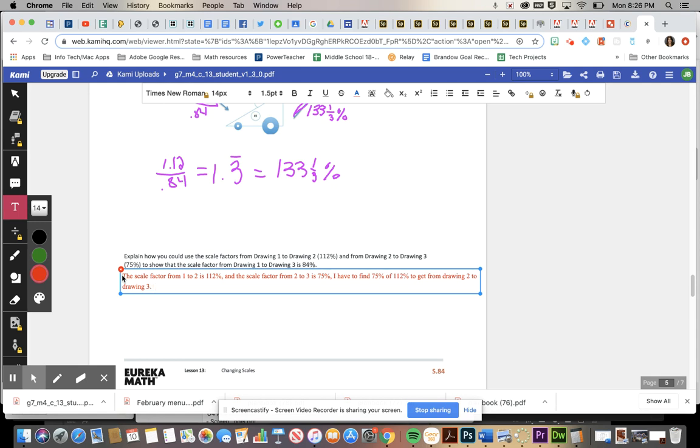So I'll have to change these to decimals, but I could do 0.75. And when I see "of" I know that I'll be multiplying. So 0.75 or 75% times 1.12, which is 112%, and that would equal 0.84.